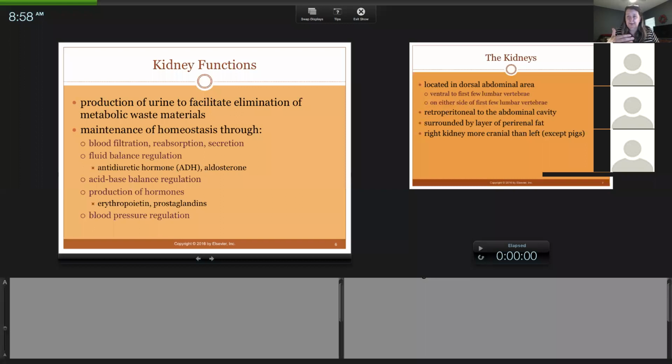What's happening is the cat's kidneys are not functioning properly. The cat is not producing erythropoietin. So red blood cells are dying like they normally do. They're not being replaced. So anemia often accompanies renal disease or renal failure because of a failure to produce this hormone.